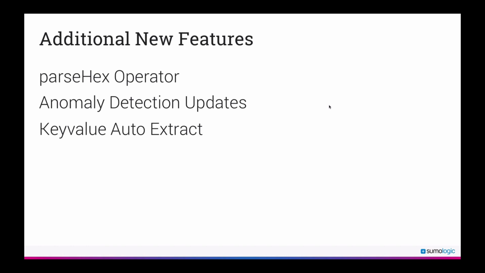And then finally, right on the heels of JSON Auto, we've also extended our key value operator to have an auto option as well. So with JSON, that requires that you have well-formed JSON for that to work, and then it'll use some of the hierarchical naming schemes.